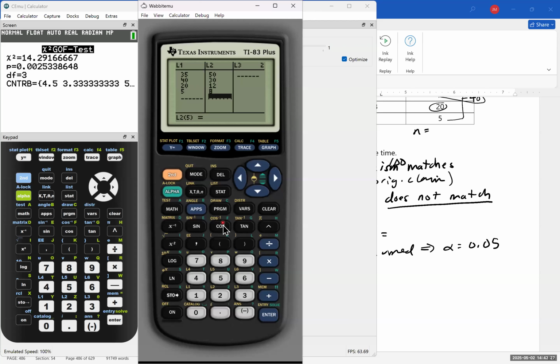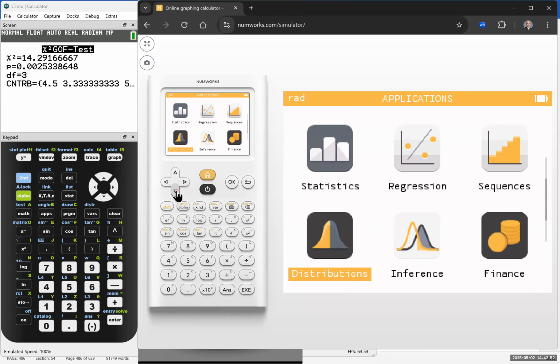Now let's just confirm. Okay, so that 2 is list 1 and list 2. Yeah, 14.29 and 0.0025 looks good so far. NumWorks. Okay, we want to go to the inference app.